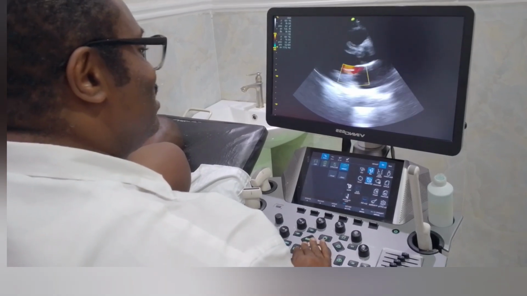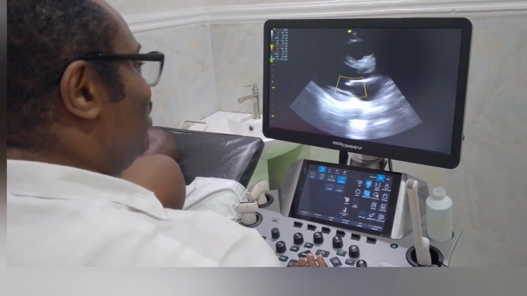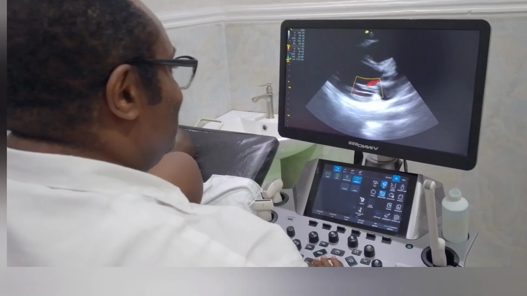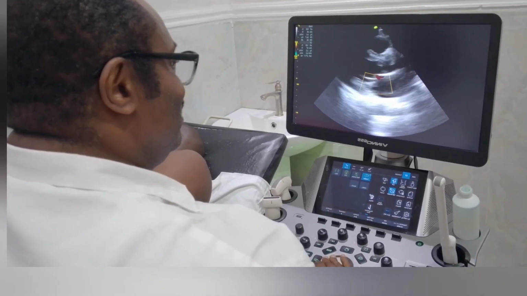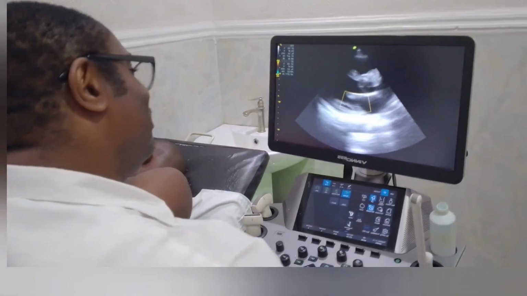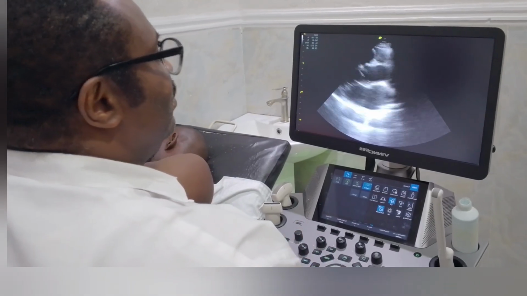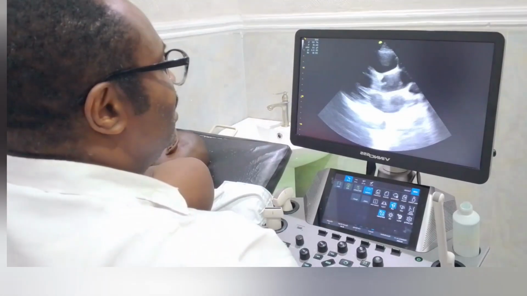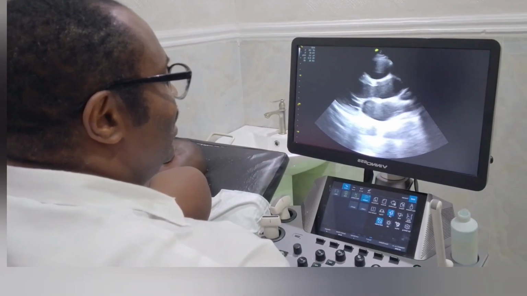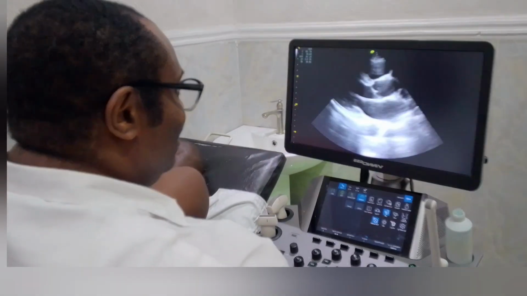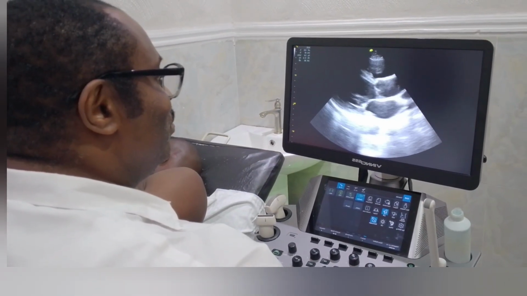Now we will still look at this again, but in echo we want to evaluate in different windows, from different planes. So we're doing this now. So far so good. Having done that, there are a lot of things that we can evaluate from this, starting from the right ventricular outflow tract.